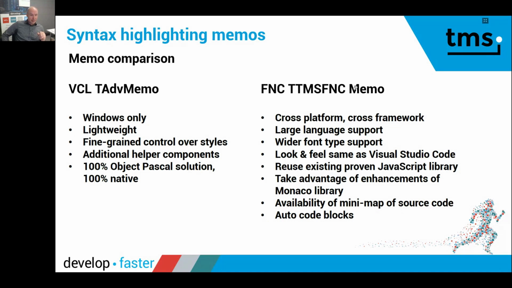It comes also with additional helper components, for example, the DB ADV Memo, the multi-file editor, etc. So that's something that at this point the ADV Memo still has as a benefit. And of course, it is and remains a 100% Object Pascal solution, 100% native code.